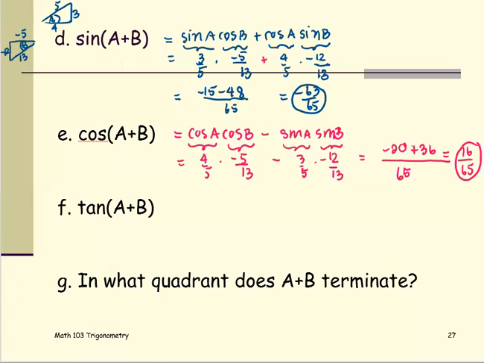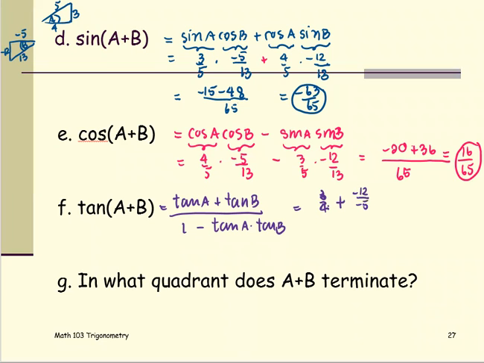For the next part of the problem, which is the tangent of the sum. The tangent of the sum of A and B follows the formula: tangent A plus tangent B, all divided by 1 minus tangent A times tangent B. And from the diagrams of A and B, the tangent A, which is opposite over adjacent, sorry, is going to be 3 over 4 for A. And then added to the tangent B, which is negative 12 over negative 5.